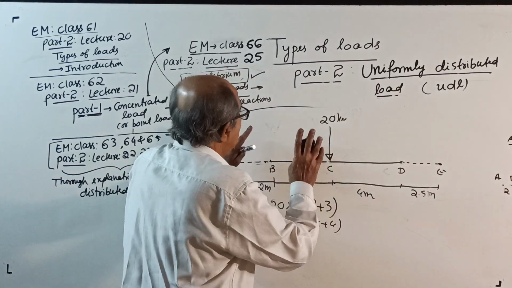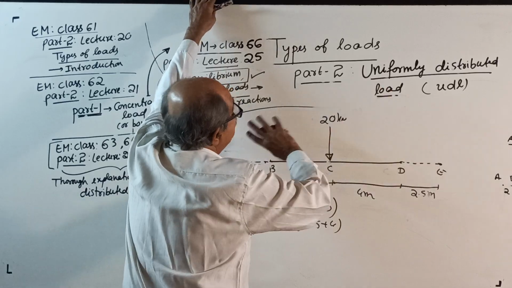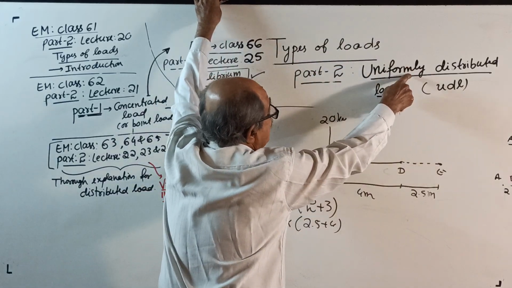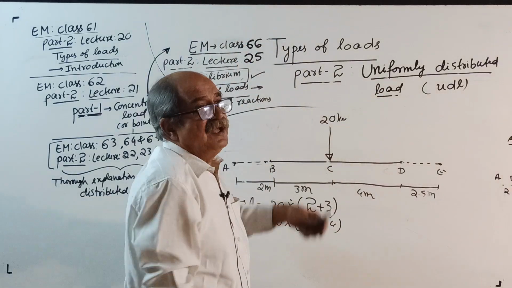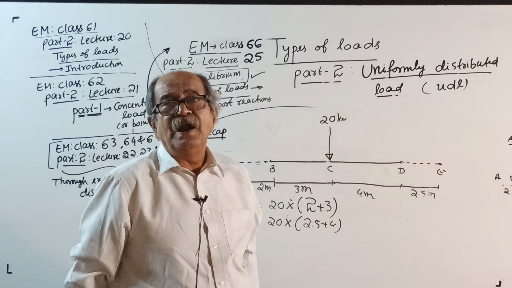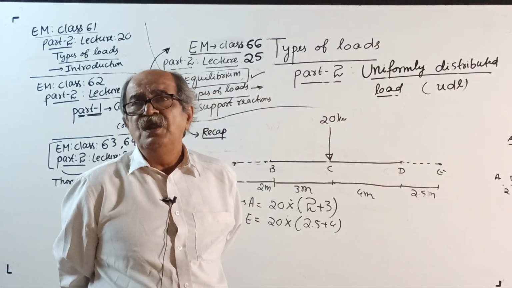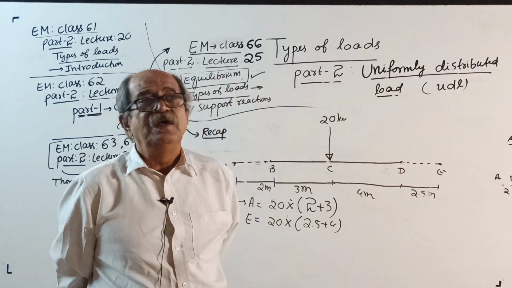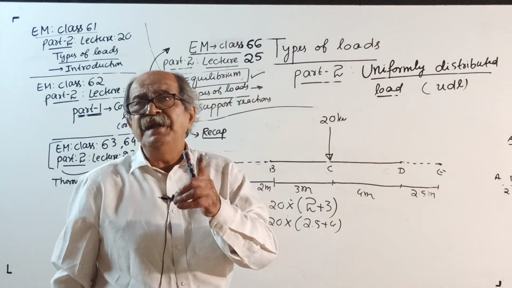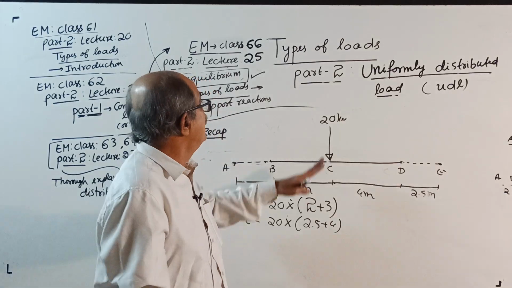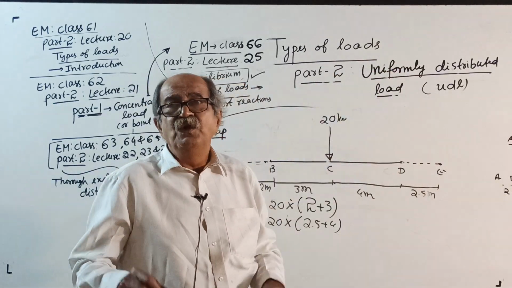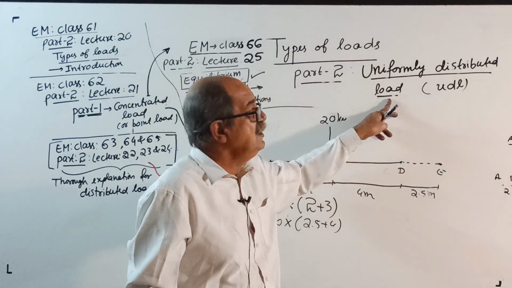Therefore, now, remember, I am removing everything now. We are in types of loads, part 2. Now we are starting UDL, where we will decide, now onwards, remember, in part 1, part 2, part 3, part 4, we not only consider magnitude, line of action and direction, we also consider moment about a required point. Okay, now we will start part 2 UDL in full detail.